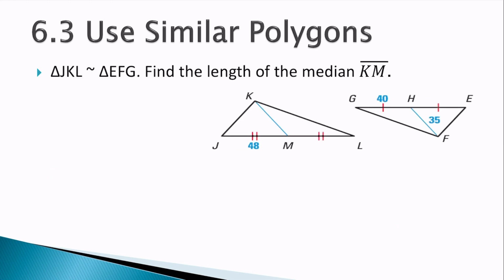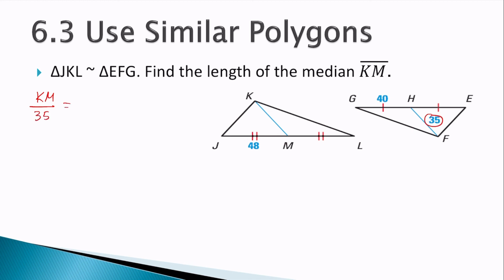Let's try one more. These triangles are similar, and we want to find the median KM. Well, if I want to find KM, KM corresponds to the 35.